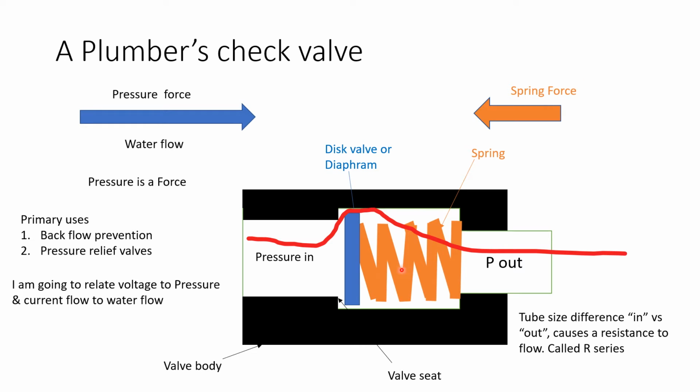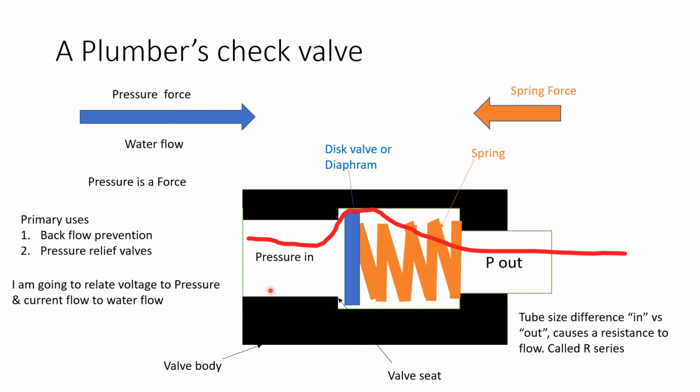All right, this orange thing is the spring and the water pressure in. Water pressure is a force. We have several of these in our house. They could be used as pressure relief valves or backflow preventions. And I'm going to relate water pressure to voltage.